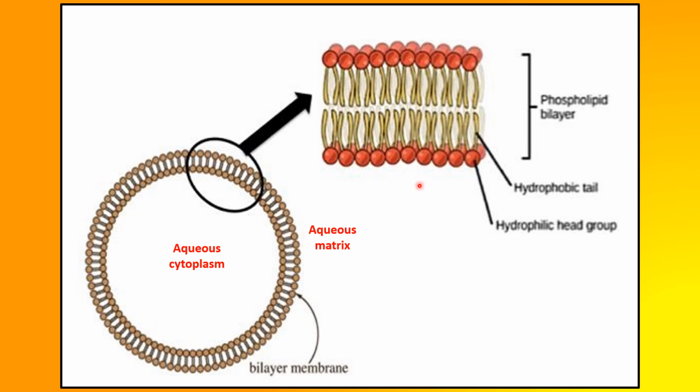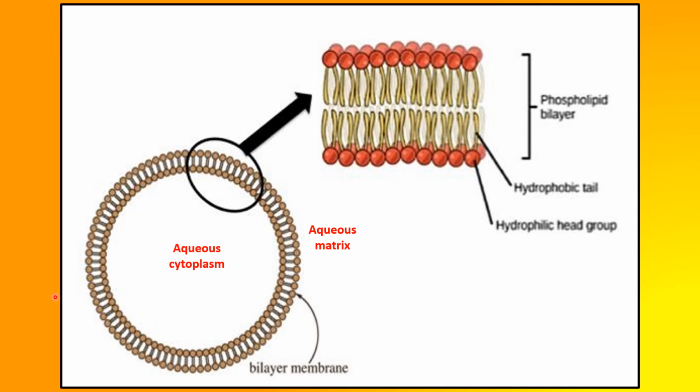Here we see up close the phospholipid bilayer, phosphate heads on the outside, lipid tails on the inside, hydrophobic inside, hydrophilic out here. This represents a generic cell. They're not perfectly round like this, but to give you the idea, outside of the cell is the water-based matrix or milieu. It's not plain water, but it's water-based, a solution predominantly of water.